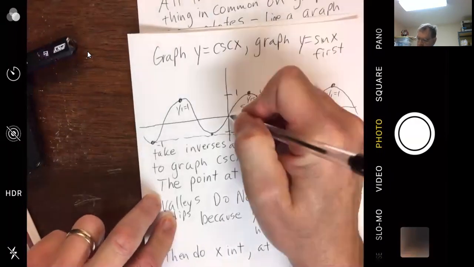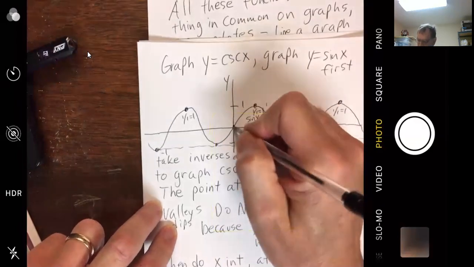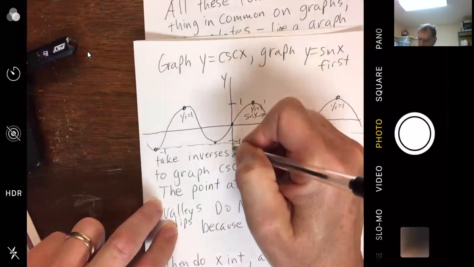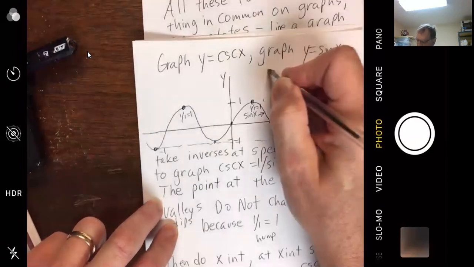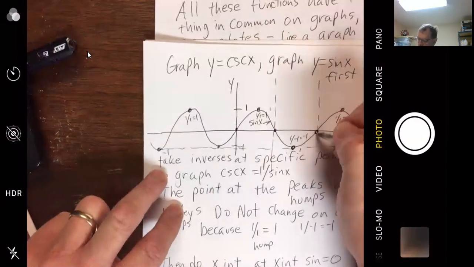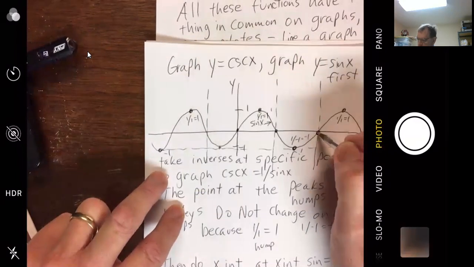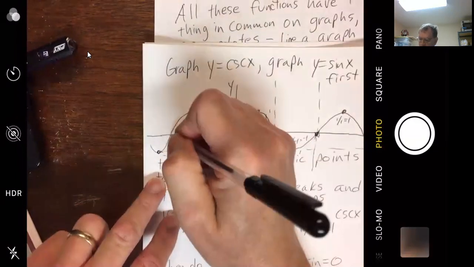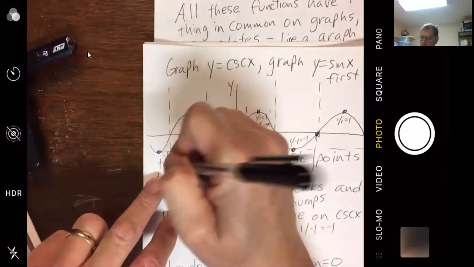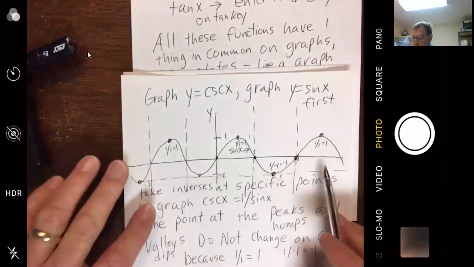So at every x-intercept there's a vertical line going right through it, with a parallel one here, and here, and here. There are no simultaneous points at every x-intercept.